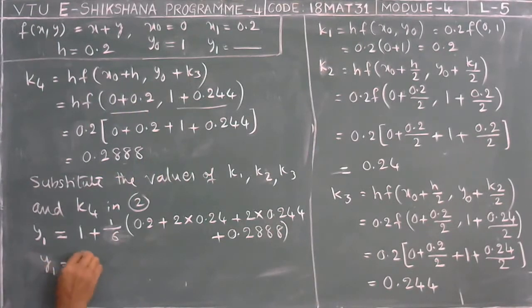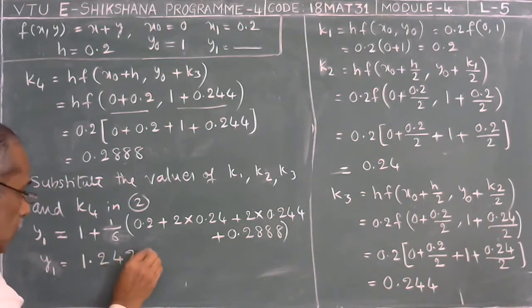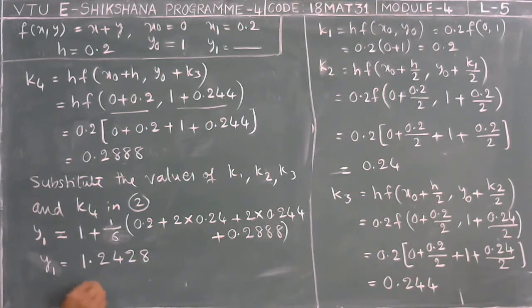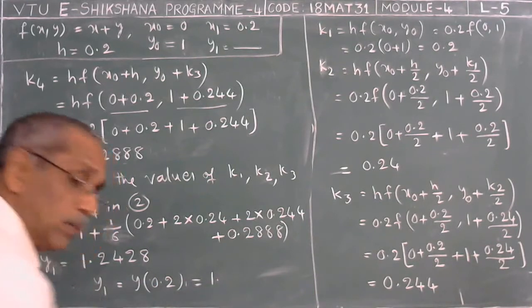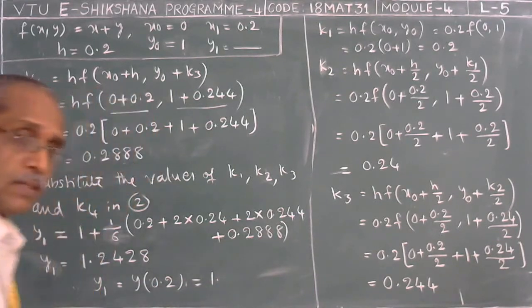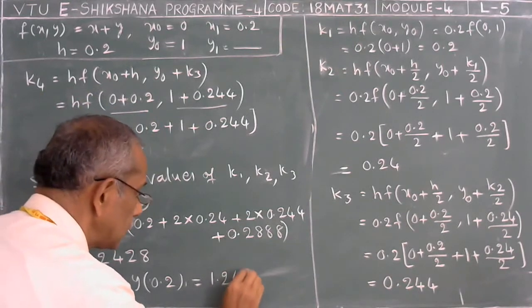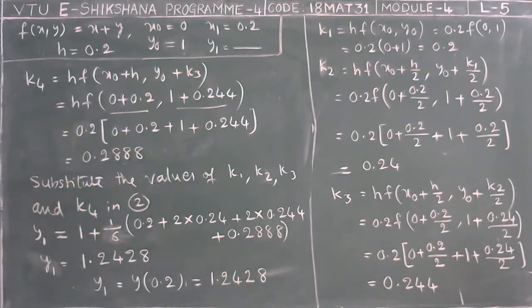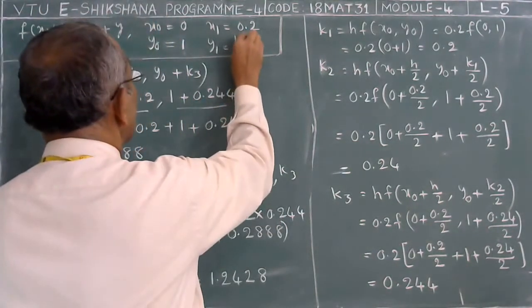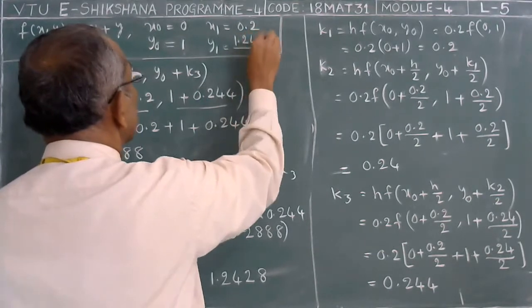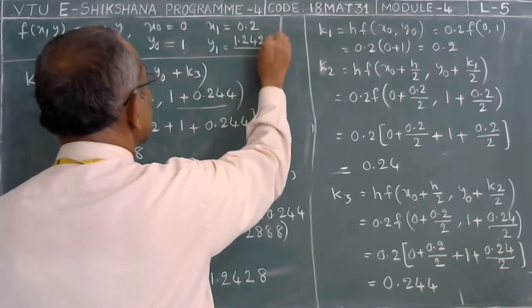If you carefully calculate, you get y1 equal to 1.2428. Therefore, y1 is equal to y at x equal to x1, at x equal to 0.2, which is 1.2428.